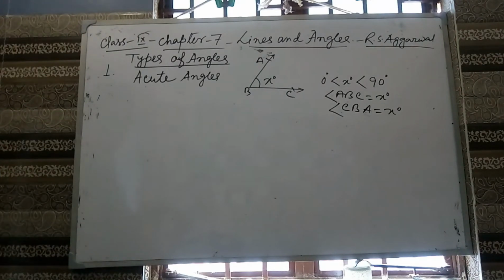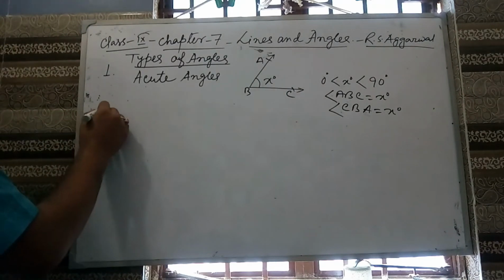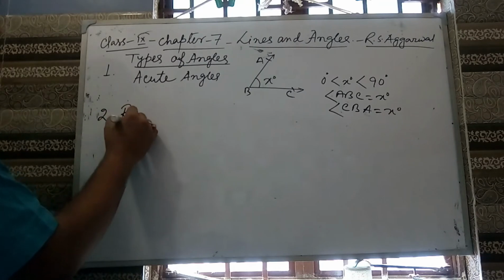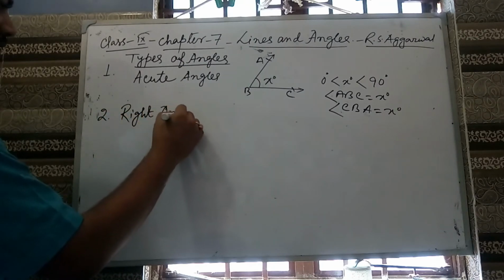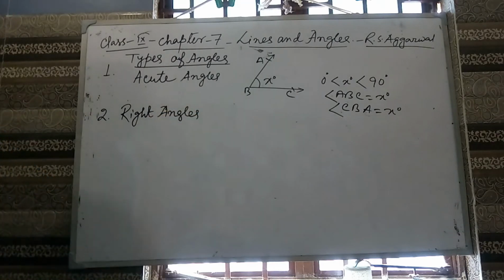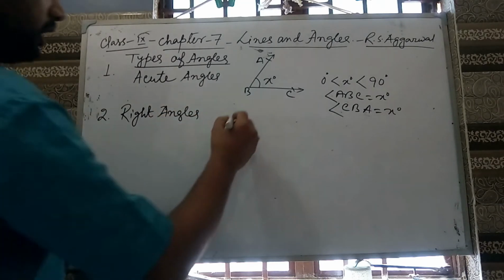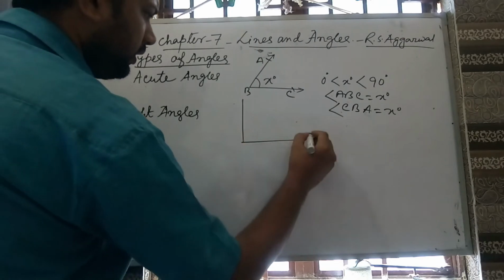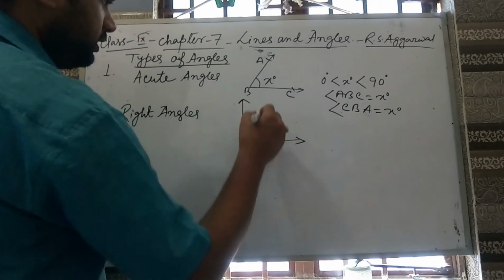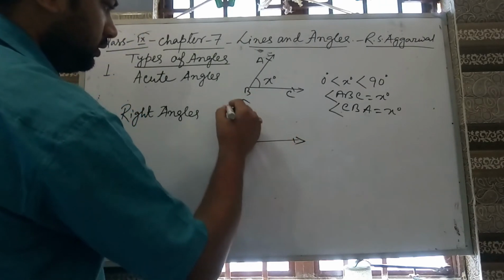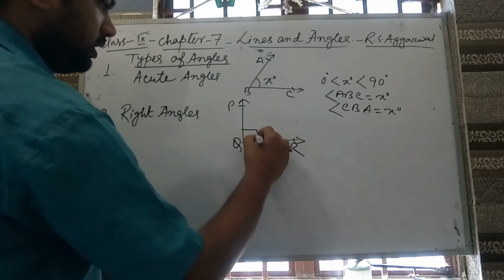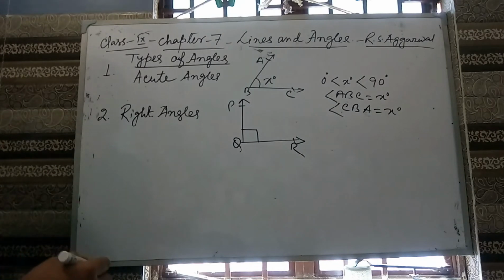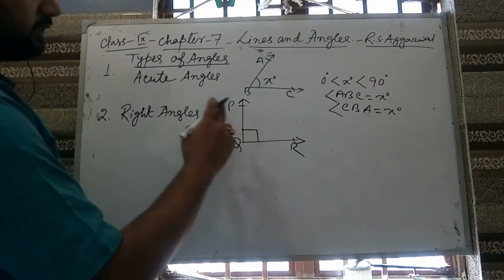Okay. Next comes the right angle. Right angle means, as you all know, the measurement of the angle is 90 degree. P, Q, R. If the measurement of the angle is 90 degree, we write it like this.